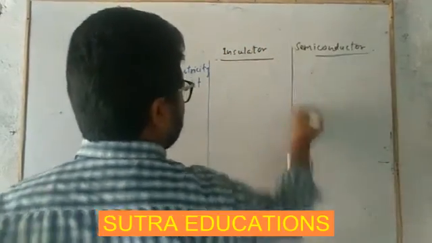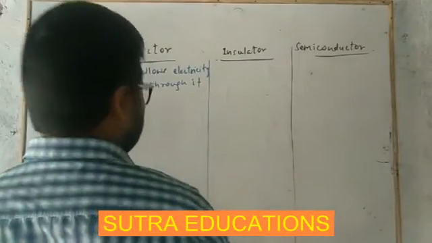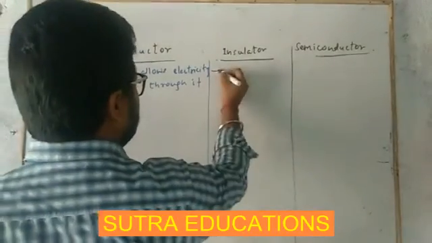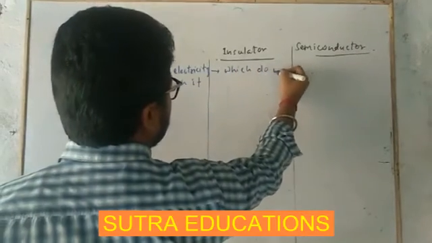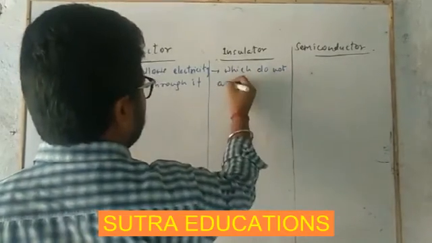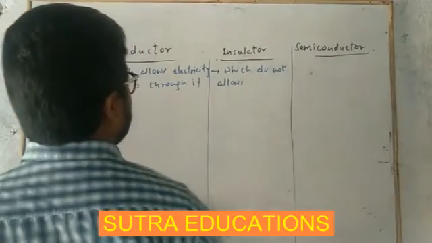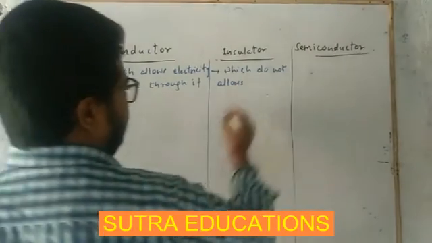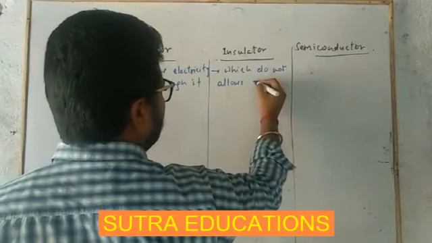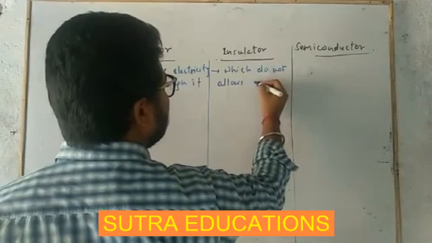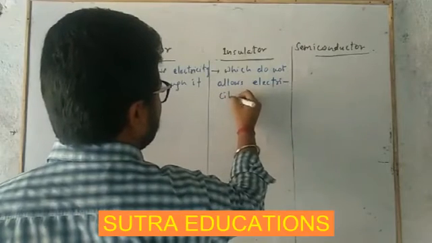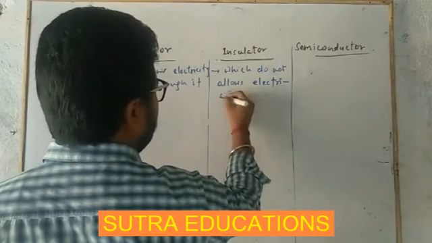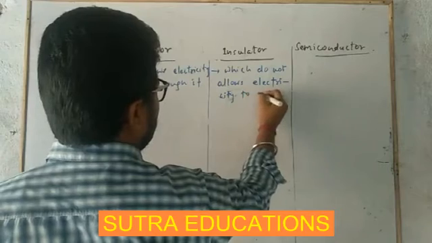An insulator opposes, or does not allow, electricity to pass through it.